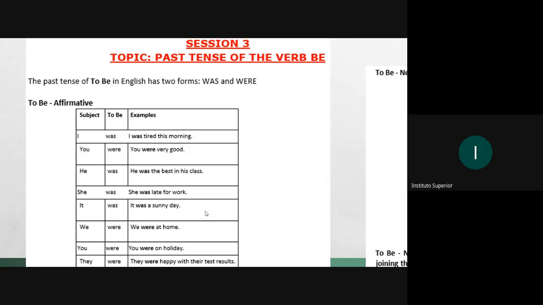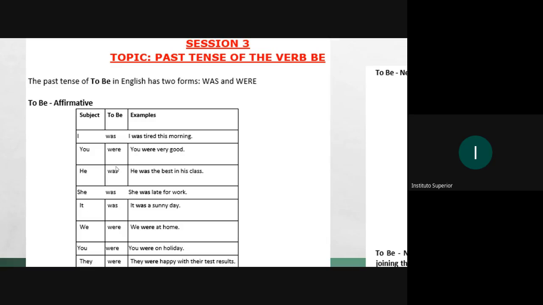The past tense of to be in English has two forms, was and were. Ojo, nada más estamos recordando. Para el simple past con el verbo be, tenemos el was y el were, ¿verdad que sí? For example, I was tired this morning.